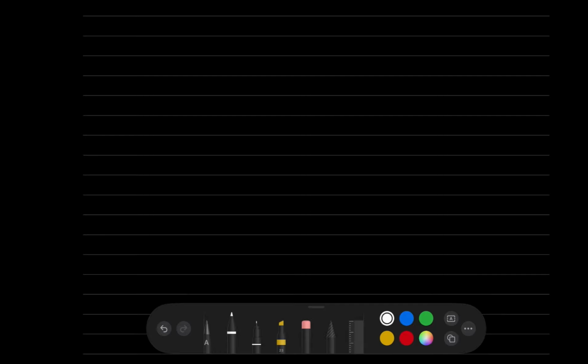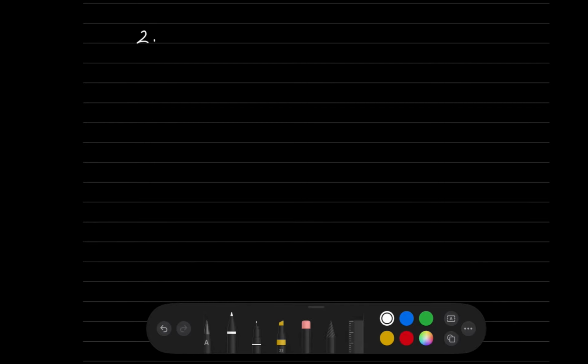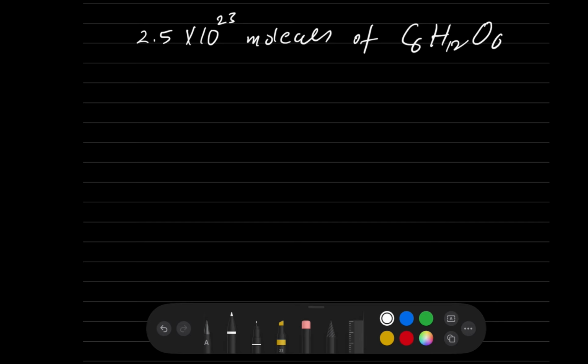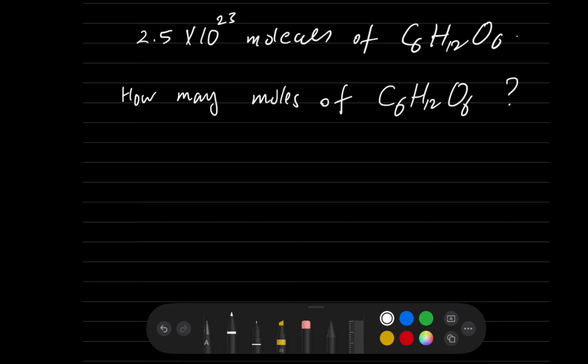Let's take another example. If you were given 2.5 times 10 to the power 23 molecules of C6H12O6, which is glucose, the question is how many moles of C6H12O6 this is. I'm asking about the number of moles.